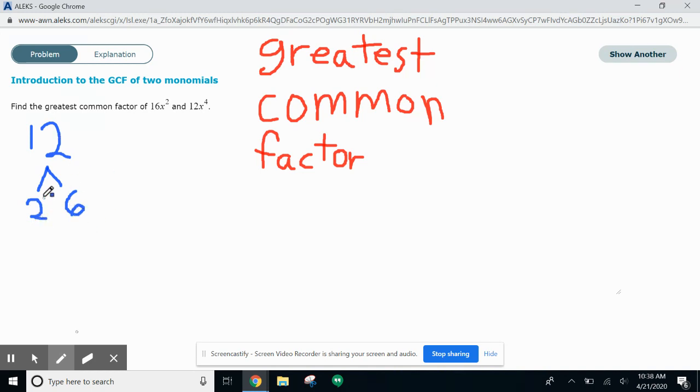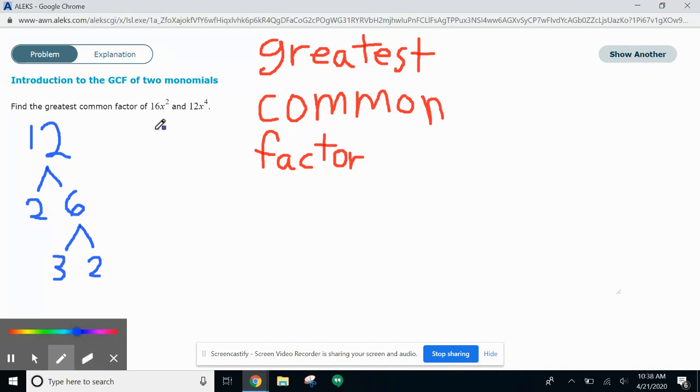And if I take this further, the only factors of 2 are 1 and 2, but 6 has more factors, like 3 and 2. So now I have 2, 3, 2, and 2 times 3 times 2 will all give us 12.